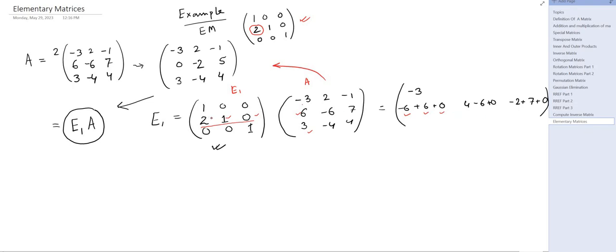And the same way, 2 into 2 is 4, minus 1 into 6 is minus 6, and then 0 into minus 4 is 0, so ultimately it will be minus 2. So you're understanding how we are coming up with this elementary matrix.